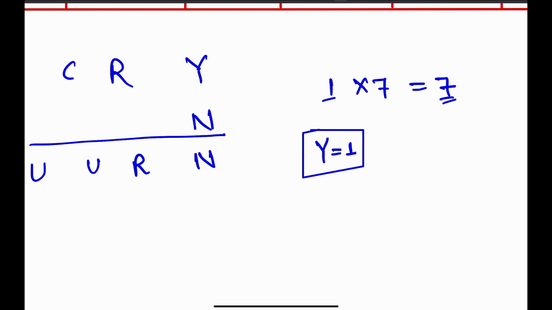Next we will think that what else could be possible. So there are a lot of possibility, like 2 into 6 is 12. So if Y is 6, this is 2, 12, carry 1. So these things can be possible.